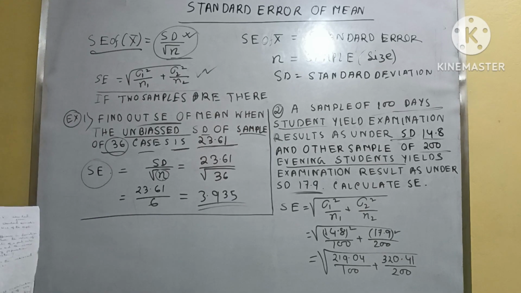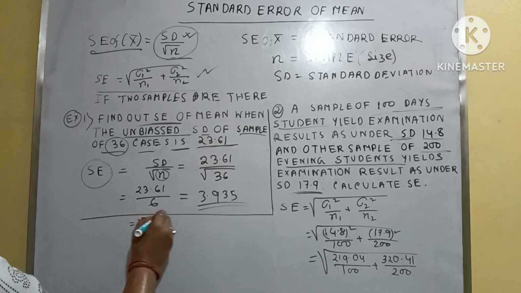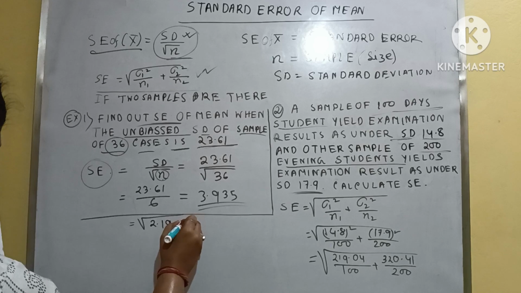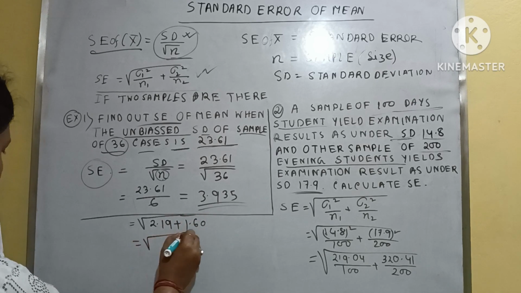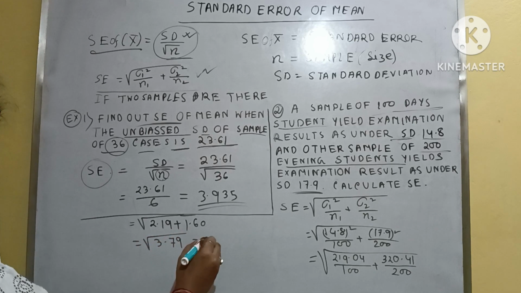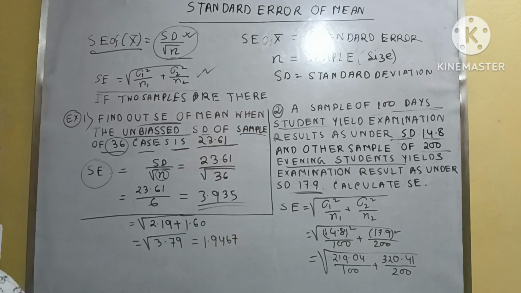Now just calculating this, 2.19 plus 1.60. So what is the value? 3.79. So the value becomes 1.9467. Clear? So this is the standard error.